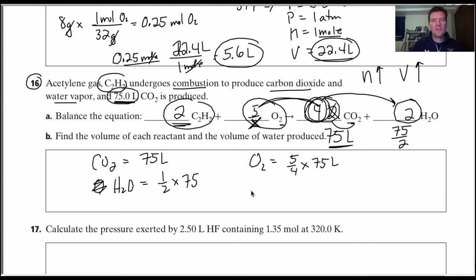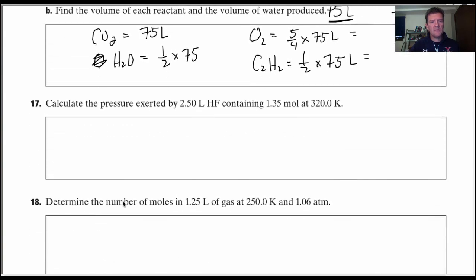And the C2H2, what is that called? Acetylene. Acetylene gas, right, is C2H2, and that is going to be half. Again, it's a 2 to 4 ratio. Half as much. Okay? All right. So you can do those calculations and find the volumes of each of those.